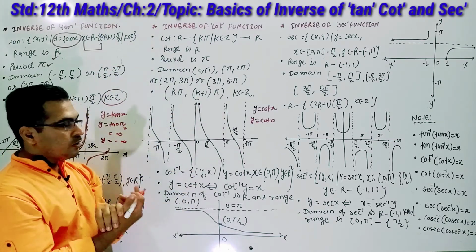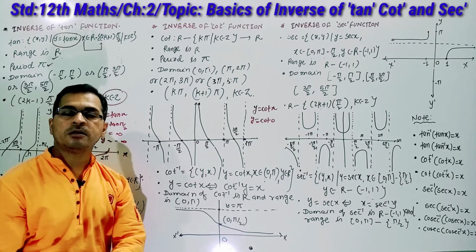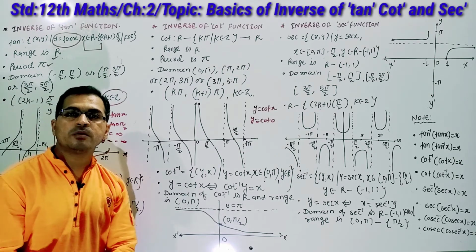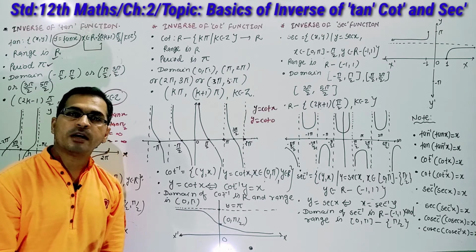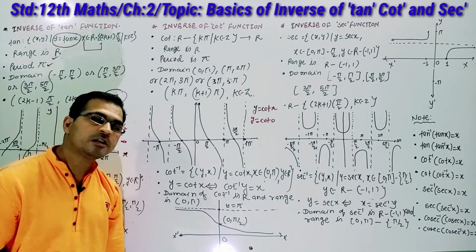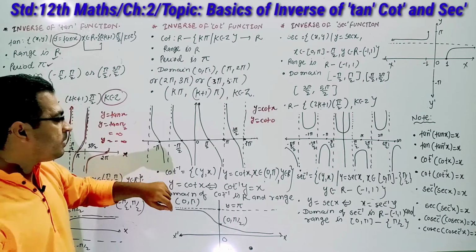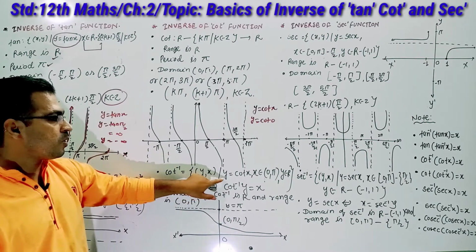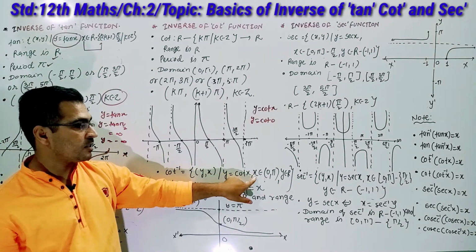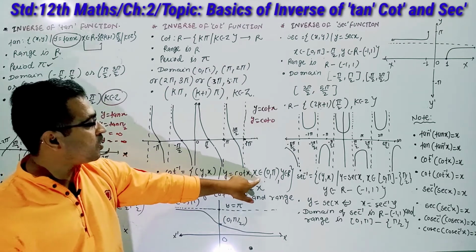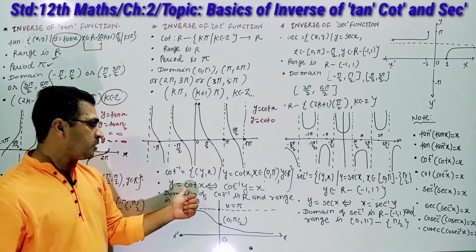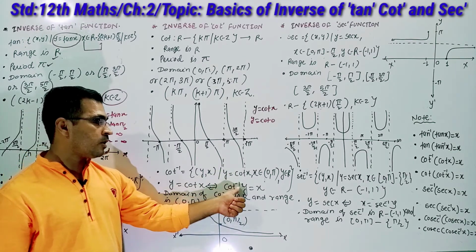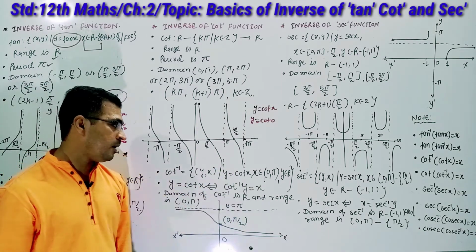Right students, in this way if you plot the graph of cot x, you will get the graph in this form. Students, we know that cot is a many-one function, but restricted to a suitable domain all trigonometric functions are one-one and onto, so its inverse is possible. So cot inverse can be defined as: y is equal to cot x, where x belongs to 0 to pi, and y belongs to real numbers. So what about cot inverse? If y is equal to cot x, then cot inverse y will be x.